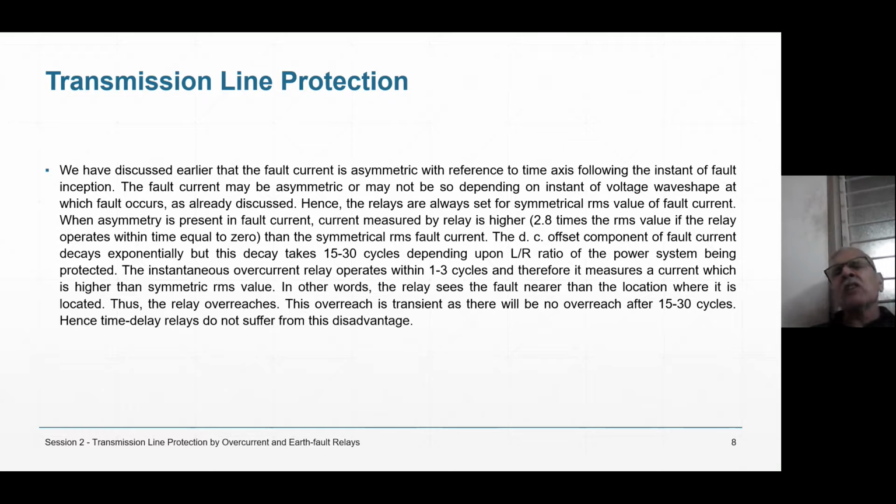Usually it is assumed that 20% asymmetry will be there. So you have to set the relays for 80% of the line. That means instantaneous relay will protect only 80% of the line. Remnant 20% you have to think about. So transient overreach is a very big problem for instantaneous overcurrent relays.